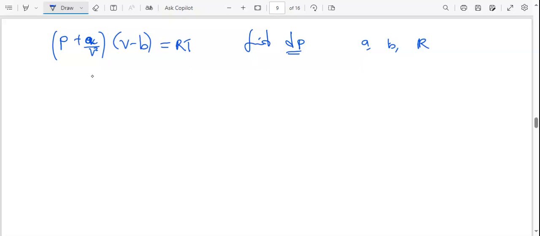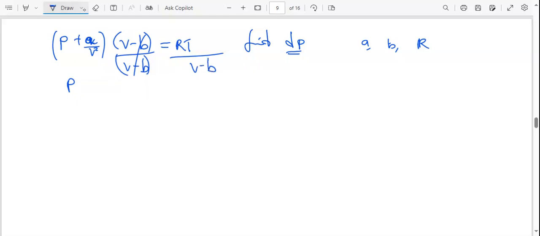So first of all, I divide by V minus B, so this goes. Then this one goes to the other side.